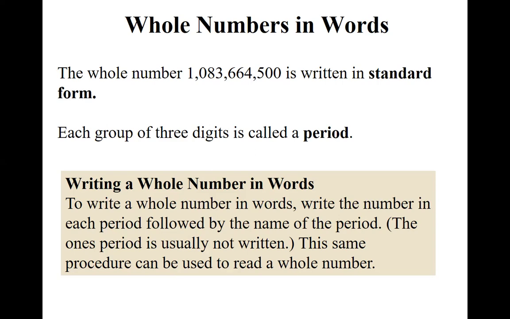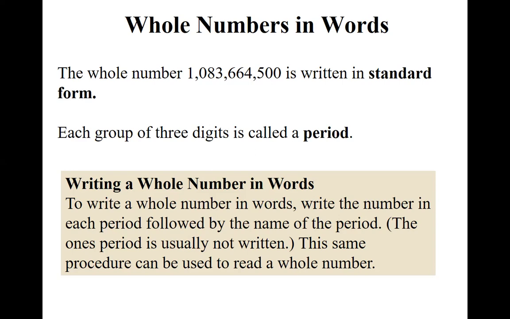And in order to write or say a whole number in words, we would write or say the number in each period from left to right, followed by the name of the period. The ones period is usually not written, just like it's not said. We don't say 434 ones. We just say 434.